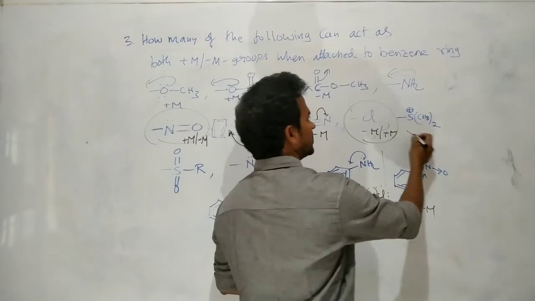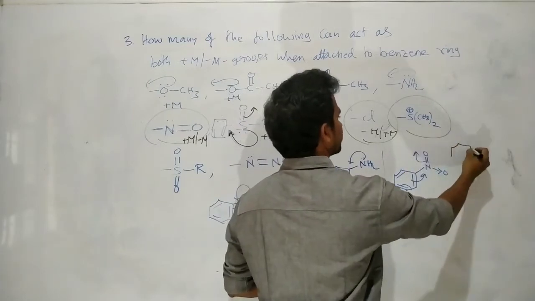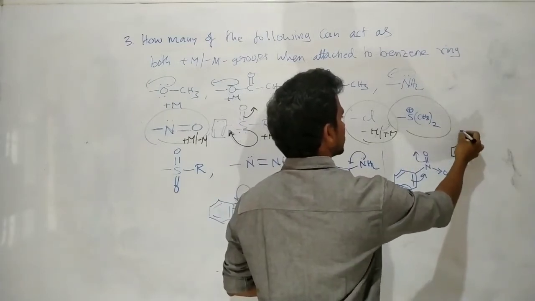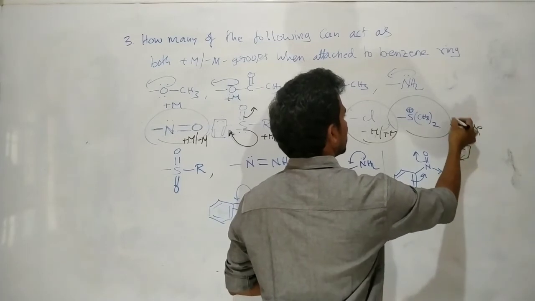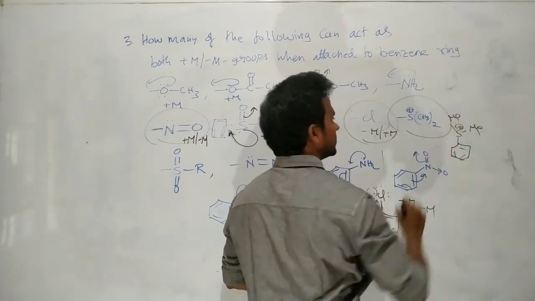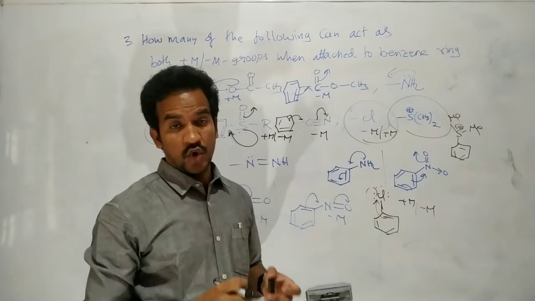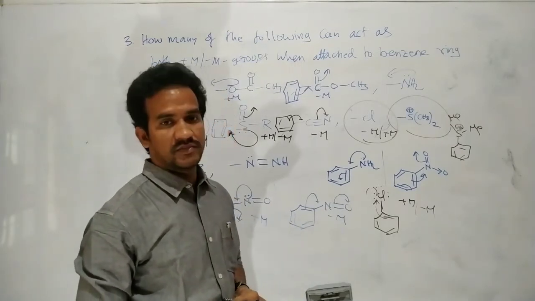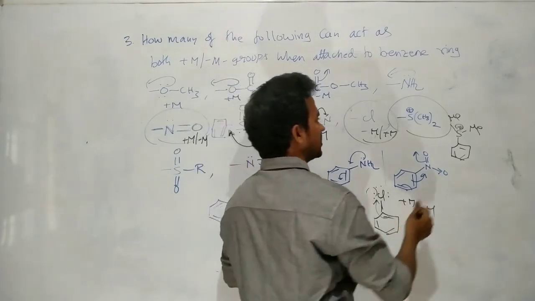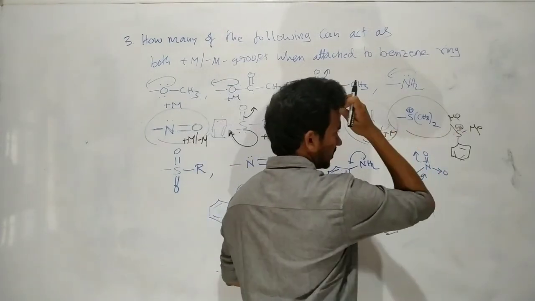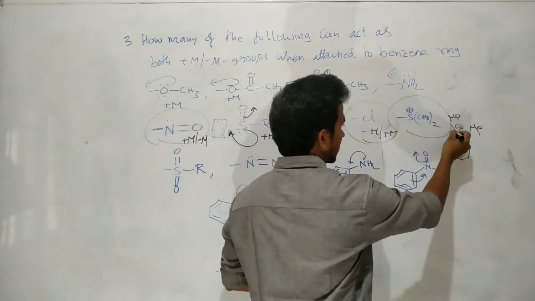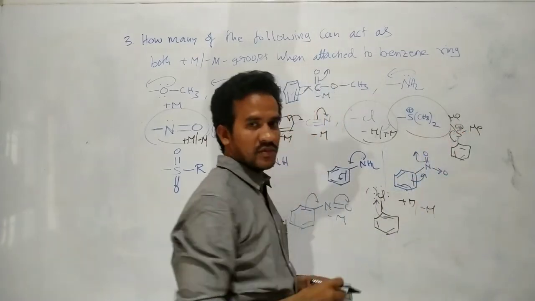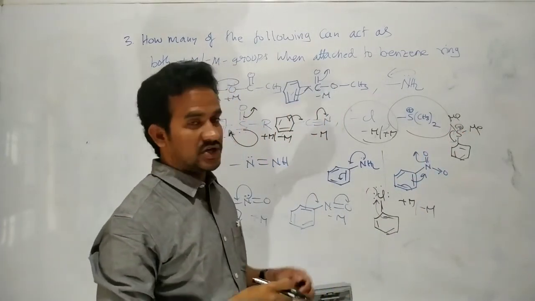Now here in this case, this one has no multiple bonds, and no lone pair of electrons on the sulfur actually. Of course, there is one lone pair here, two non-bonding electrons, but it cannot act as a donor, because the sulfur already has a positive charge.